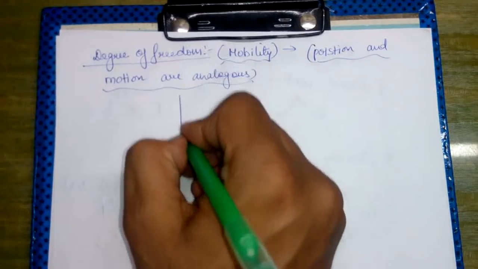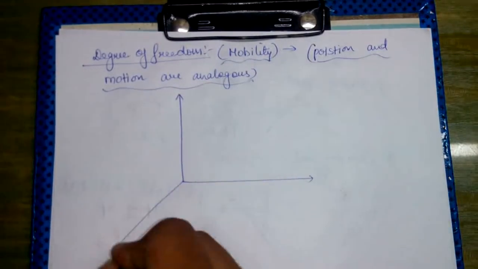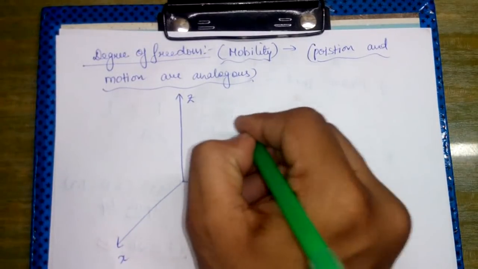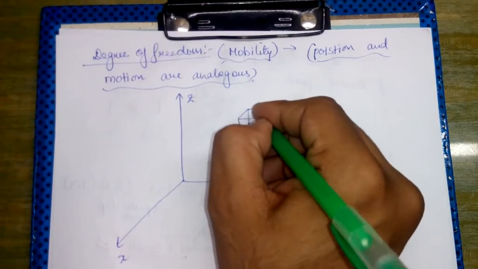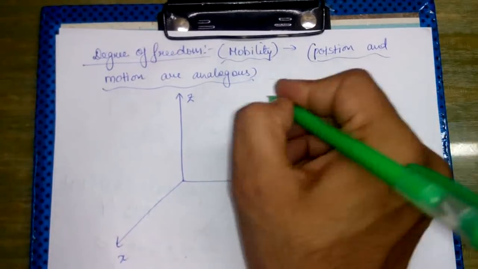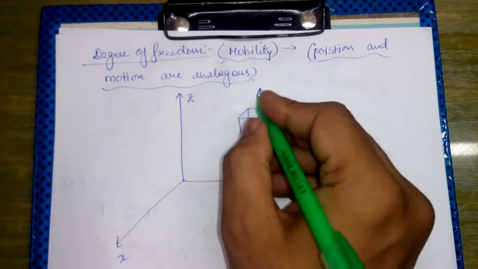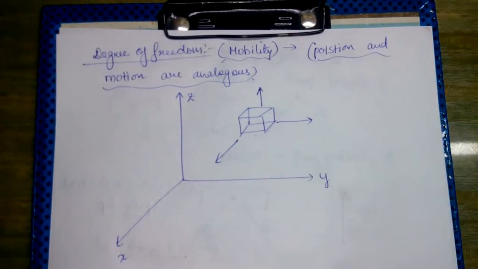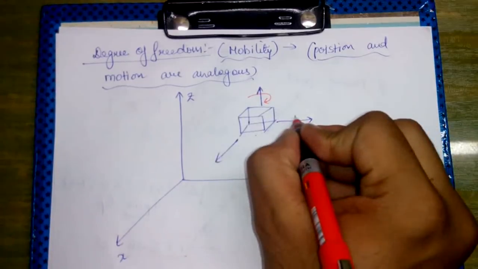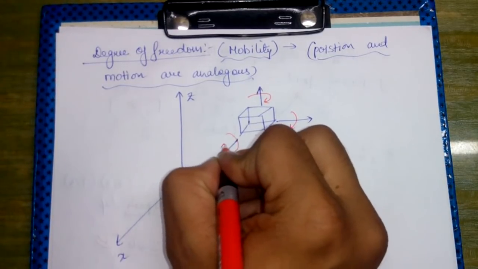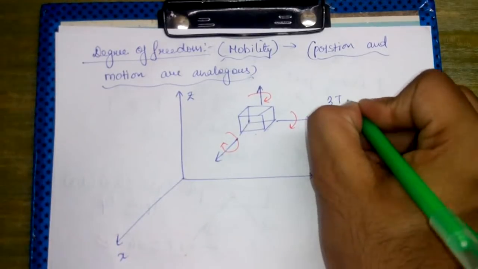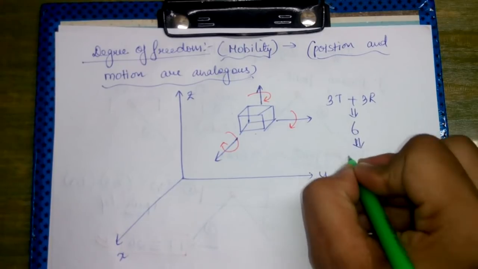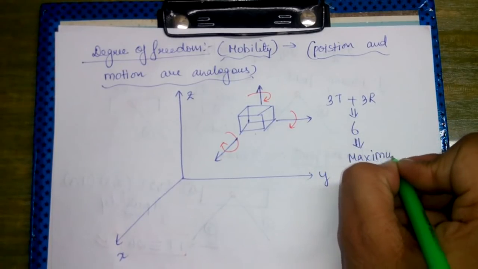Now if we talk about space, with the z-axis, y-axis, x-axis, and a cube, for this cube we can have one motion in this direction, another motion in the x direction, another in the y direction, and consequently we can also have rotations along these axes. So for 3 translations and 3 rotations, we are getting a total of 6. 6 is the maximum number of motions.